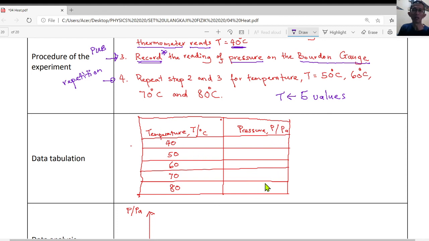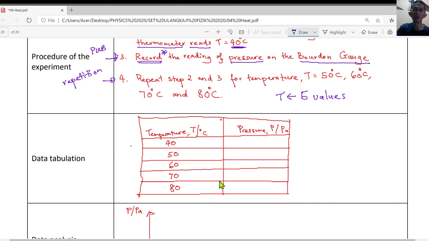Just do it like this. I have my table drawn. The header is written temperature and pressure, and the values of my manipulated variable, which is the temperature, are also written in the table.